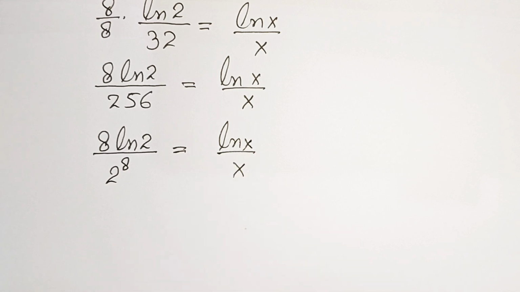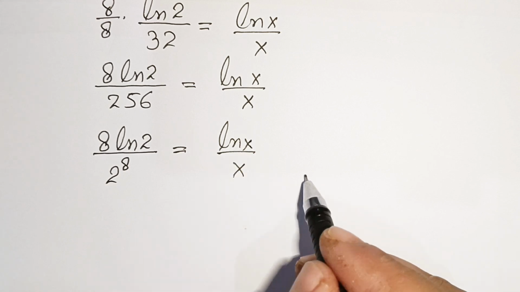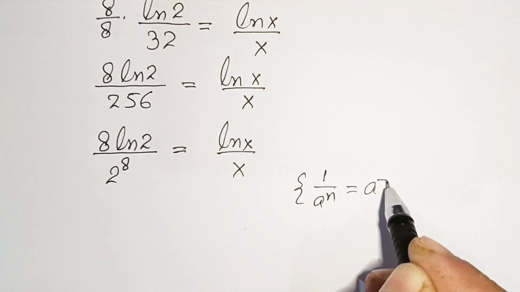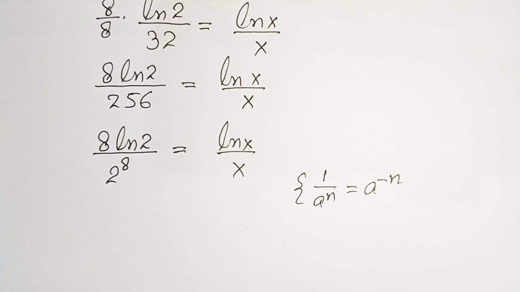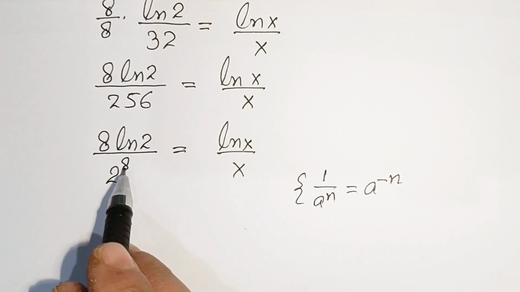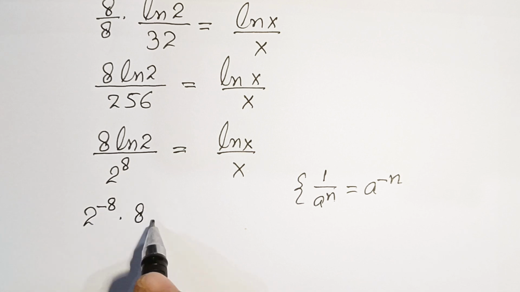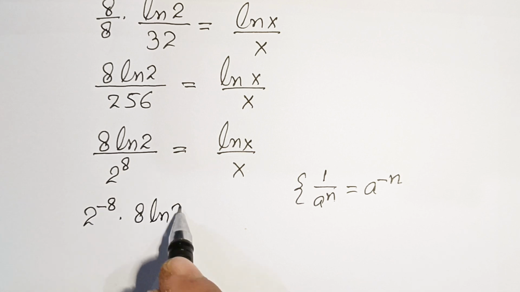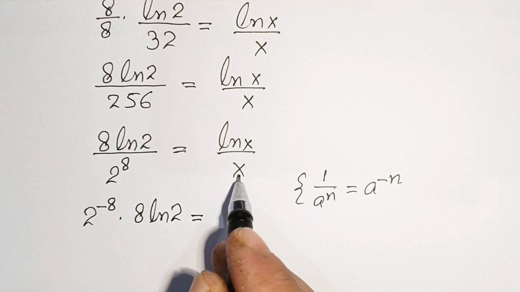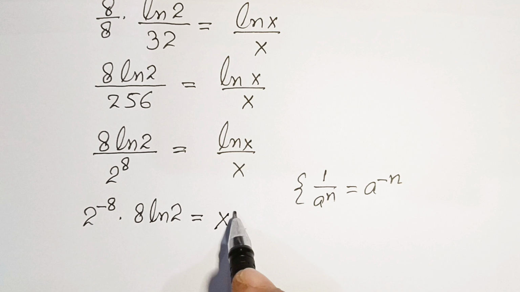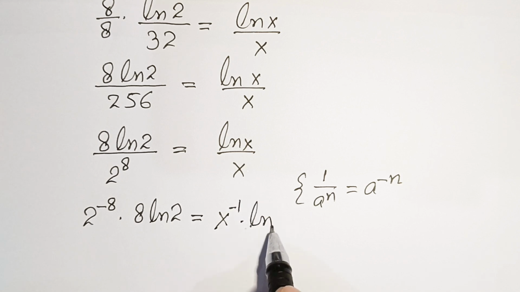So here, as we know that 1 over a to the power n is equal to a to the power minus n, this 2 to the power 8 will be 2 to the power minus 8 times 8 times natural log of 2 is equal to, using the same identity, x to the power minus 1 times natural log of x.